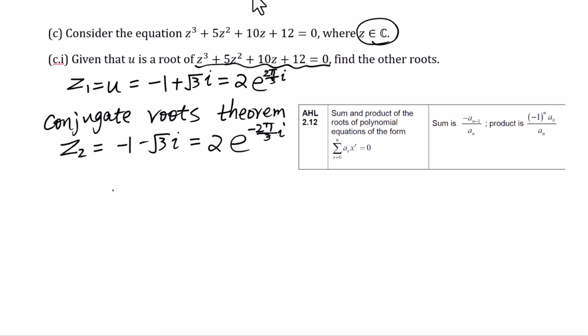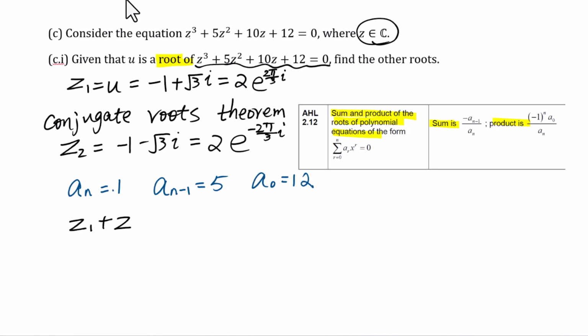Whenever you see questions related to roots, you have to use the sum and product of roots of a polynomial equation theorem. A sub n equals 1, A sub n minus 1 equals 5, A sub 0 equals 12. Let's use the sum. z1 plus z2 plus z3 equals -5 over 1 equals -5.